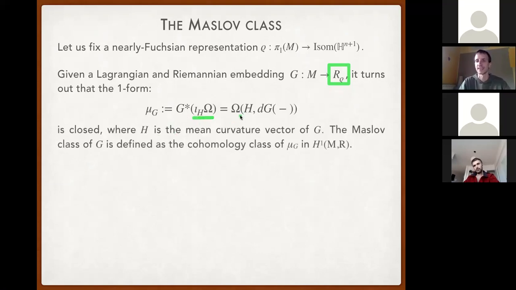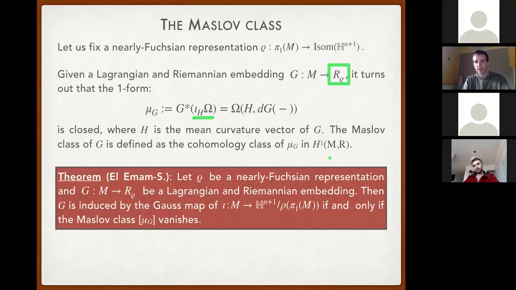So basically, in easy terms, on our M, this is just a one form, which is obtained by taking the symplectic 2 form on the image, and you feed the mean curvature vector on one entry and your favorite vector on the second entry. And it turns out that this one form is closed, and the Maslov class is simply defined as the cohomology class of this one form in the first de Rham cohomology.